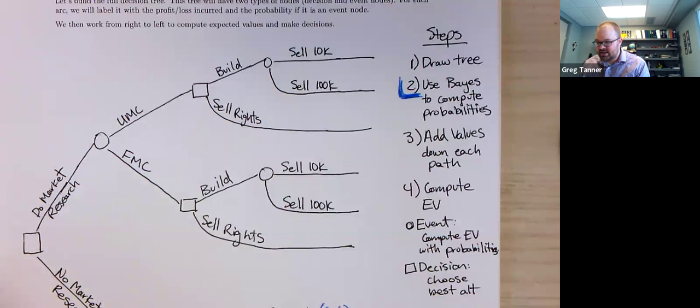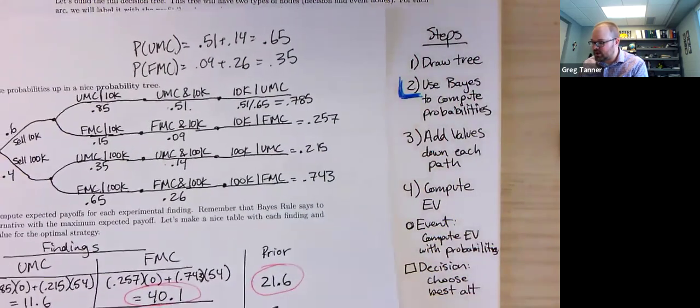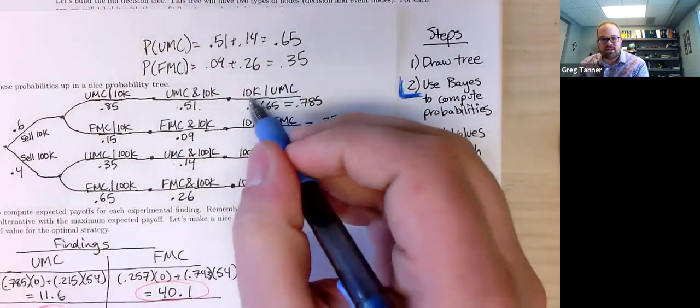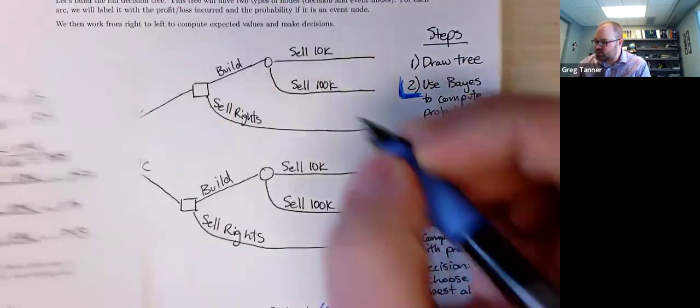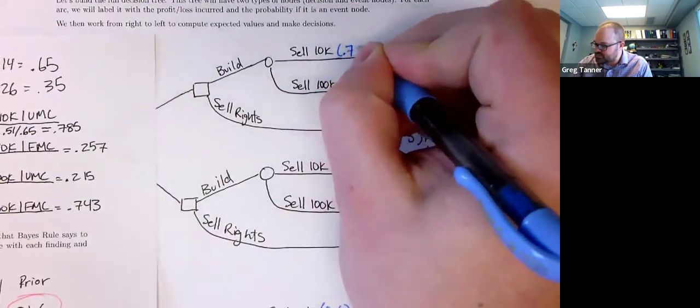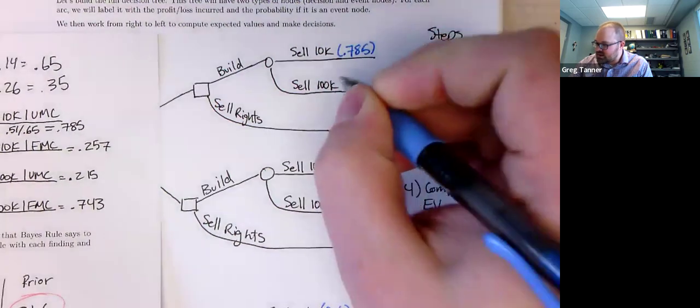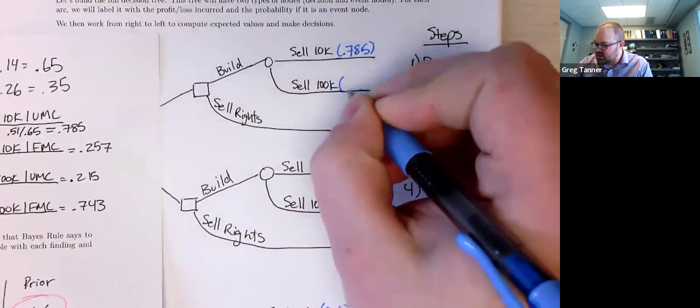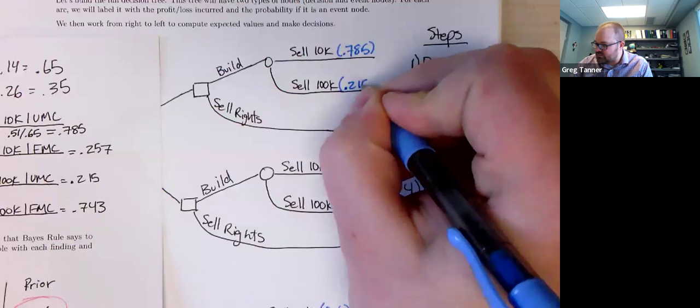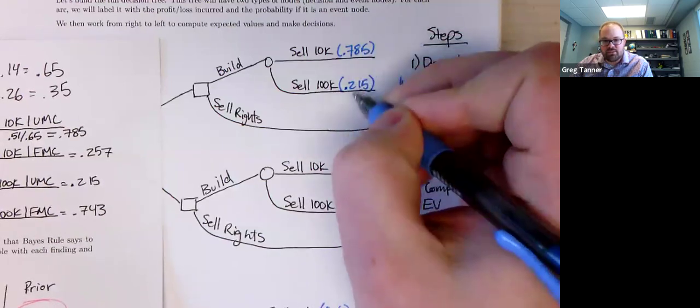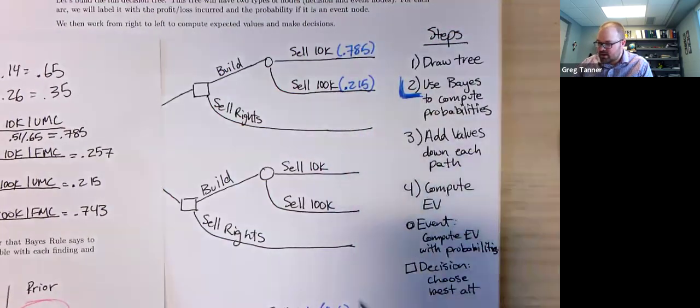So selling 10K given UMC is going to be the 0.785. And selling 100K given UMC is going to be the 0.215. Okay. Notice that these probabilities add up to 1. Okay.